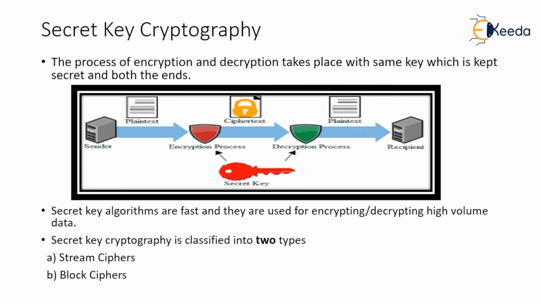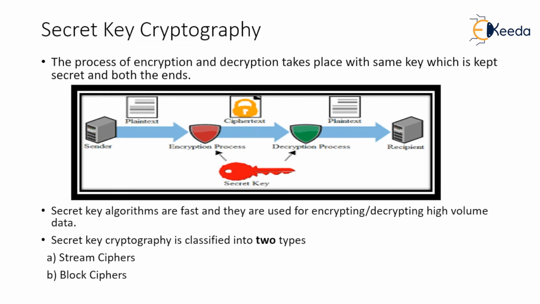Similarly, at the receiver's end, the decryption process takes place. The receiver, when it receives the ciphertext, decrypts it into the plain text, using the same secret key used by the sender. The secret key algorithms should be fast, and they are used for encryption and decryption of high volume data.